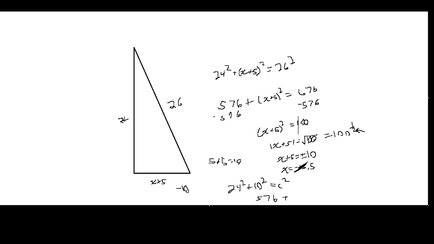Actually, you know what, I'm just going to put in 26 because that makes more sense. So 576 plus 100 equals 676. So that's correct. We know that is right. This triangle is real. It exists. You can look it up.